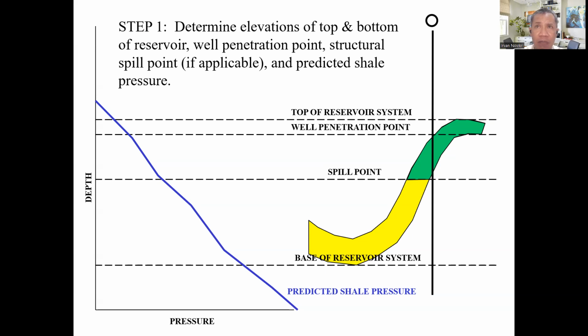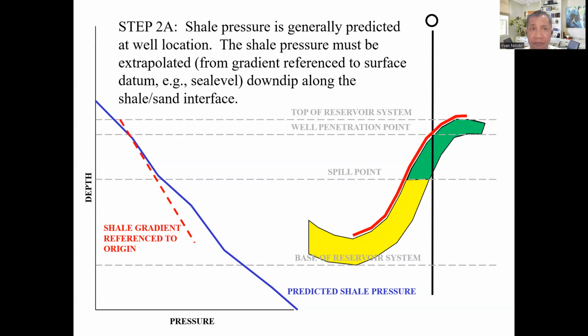This includes the top or bottom of the reservoir, the well penetration point, the structural spill point if relevant, and the predicted pressure of the shale formation. These elevation measurements are crucial for understanding geological characteristics and pressure distribution within the reservoir.